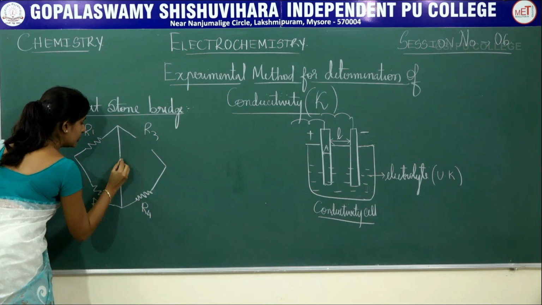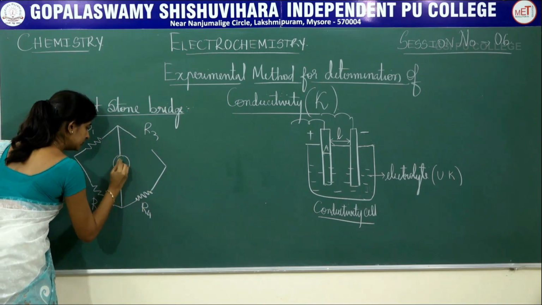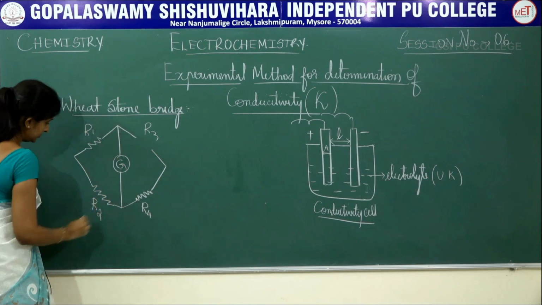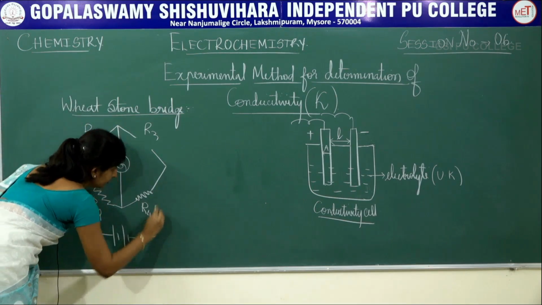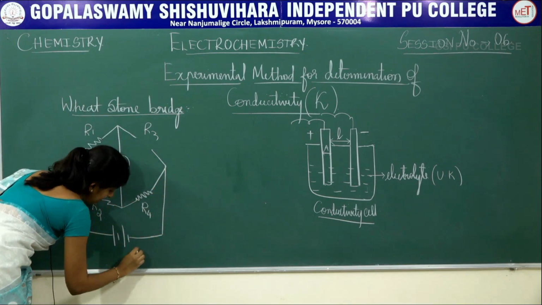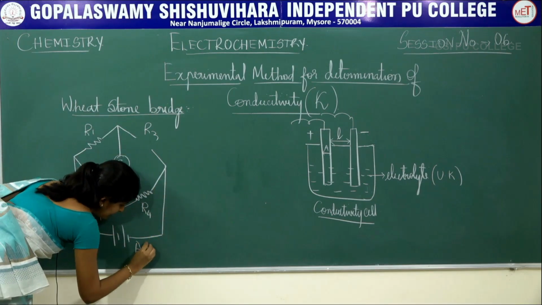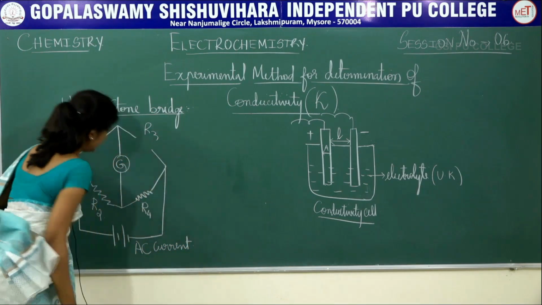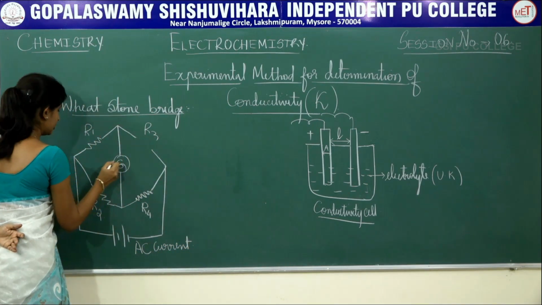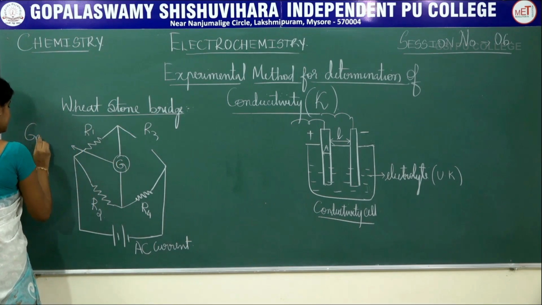Here you have to connect a galvanometer, and this is connected to a current supply. Very importantly, the current supply should be an AC current. I'll tell you why it should be an AC current. This is your galvanometer.